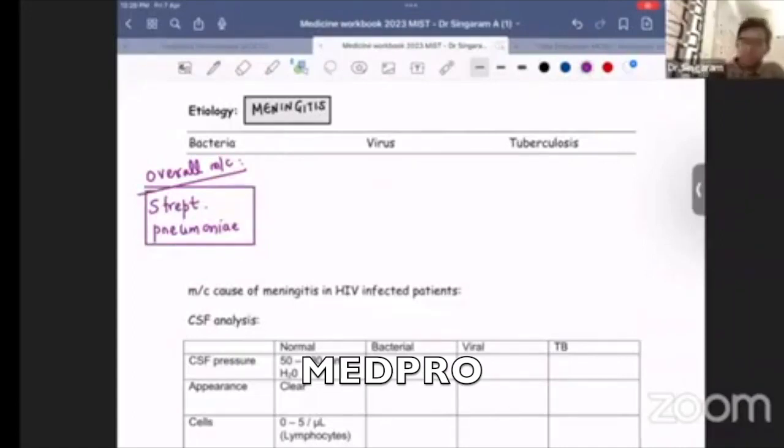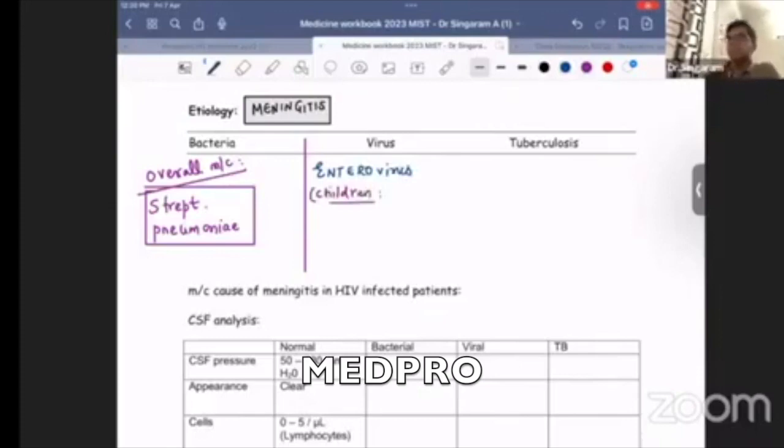Okay, now virus, if you talk about it, the most common virus would be enterovirus. Worldwide, everywhere it is enterovirus only. But I want you to remember that in children, it's a slightly different virus. Maybe in your pediatric session, they would have told you. In children, what is the most common virus? In India, we are talking about.